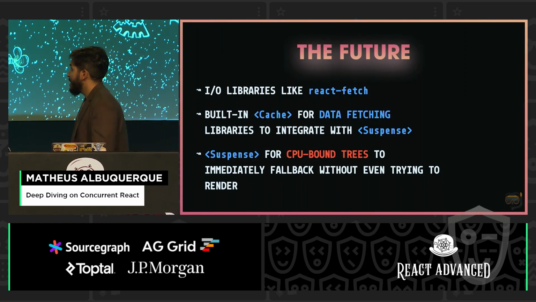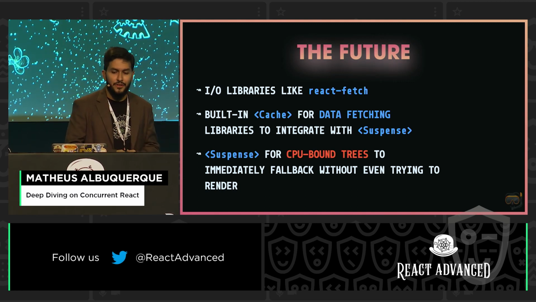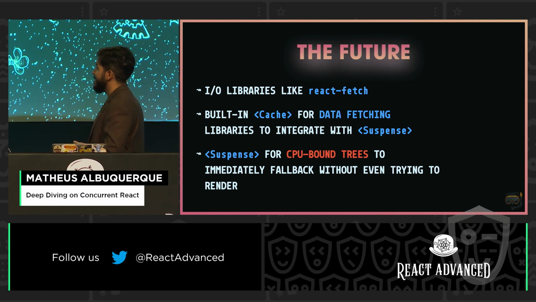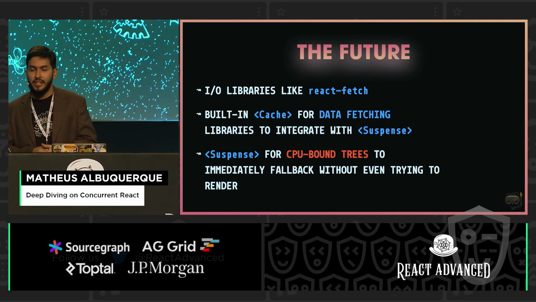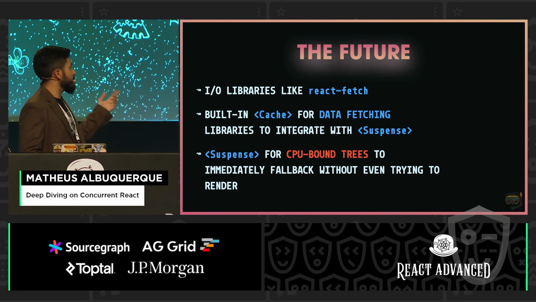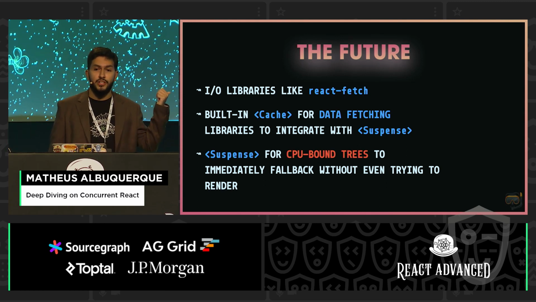So we're going to have I/O libraries like React Fetch. I mean, it's been out there for a while now, but it's going to happen at some point, I guess. We're going to have built-in cache for data for components to integrate with Suspense. One of my favorite parts is Suspense for CPU-bound trees.